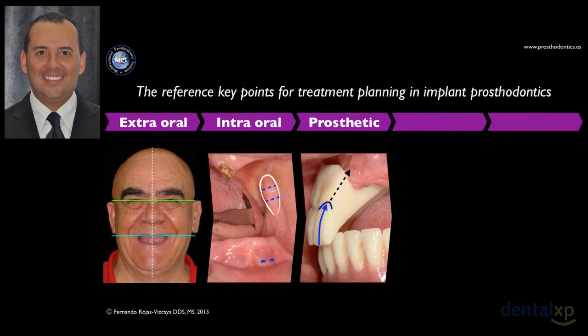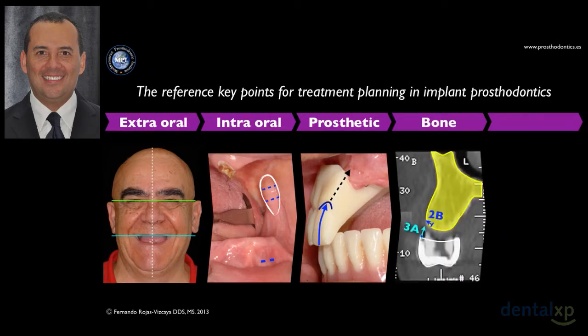Once we know the position of the new teeth, using the margin of the planned crown of this new restoration, we will analyze the relationship between this crown and the existing bone. And it's here where we will apply the 3A to B rule as a diagnostic tool, and we will also use it to place the implant.